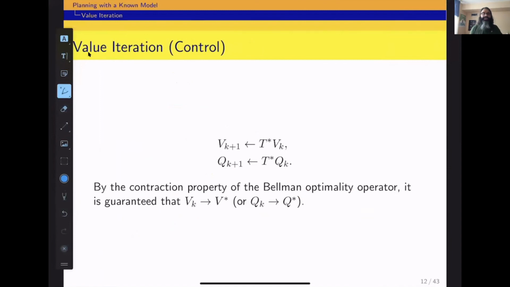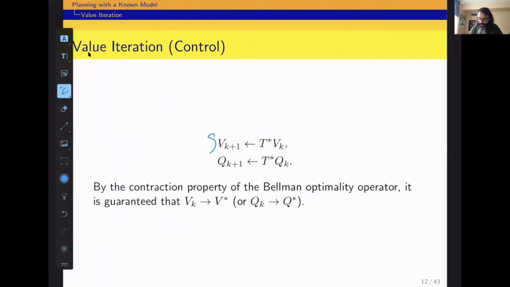I again start from some arbitrary value function and then apply one of these equations, depending on which one I want. Then Vk converges to V star and Qk converges to Q star. Okay, any question?